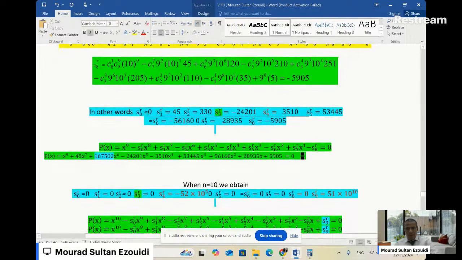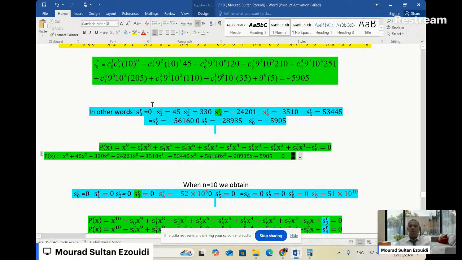Okay, so this is my polynomial. It will be 330. This is S2, meaning minus 330 and so on. So now my new 9-degree equation has to be written as x raised to the power 9 minus S0 of order r x raised to the power 8 plus S1 of order r x raised to the power 7 minus S2 of order r x raised to the power 6 plus S3 of order r x raised to the power 5 minus S4 of order r x raised to the power 4 plus S5 of order r x cubed minus S6 of order r x squared plus S7 of order r x minus S8 equals 0.